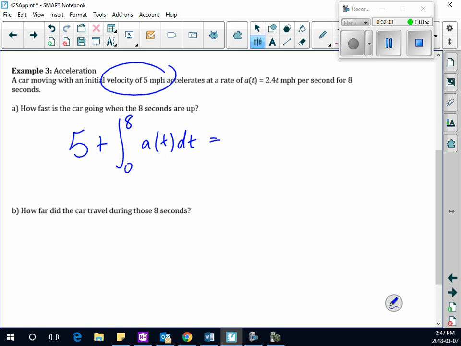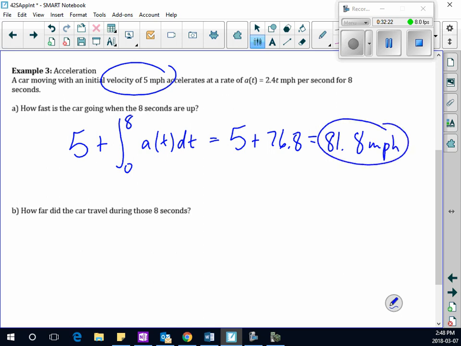And then if I add 5 to it, 5 plus 76.8 equals 81.8 miles per hour. Yes?